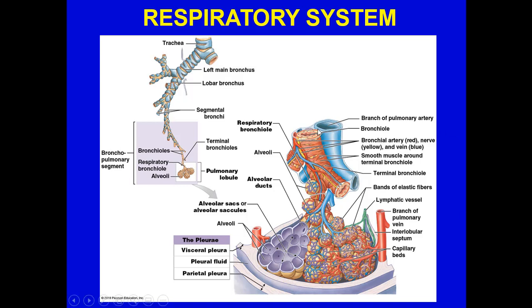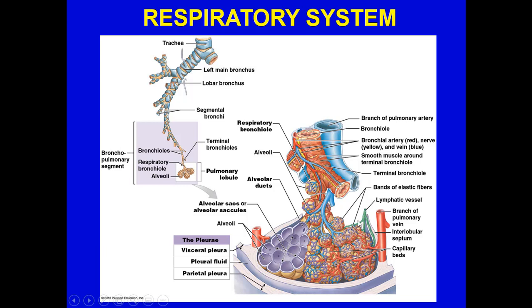One of the things to keep in mind is, if you notice here, the branch of the pulmonary artery is right next to the bronchiole. That's because the pulmonary artery, now remember, the pulmonary circuit is reversed. So arterial blood will be deoxygenated. You want it to be reoxygenated at the respiratory membrane. And then as it leaves, it's going to be highly oxygenated, so it's going to go eventually to a branch of the pulmonary vein.